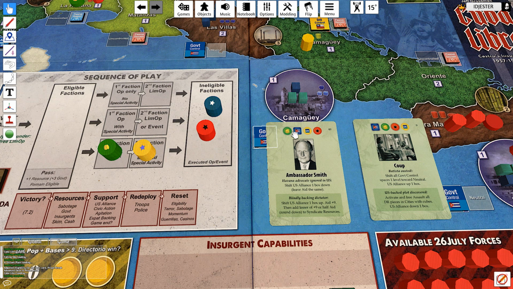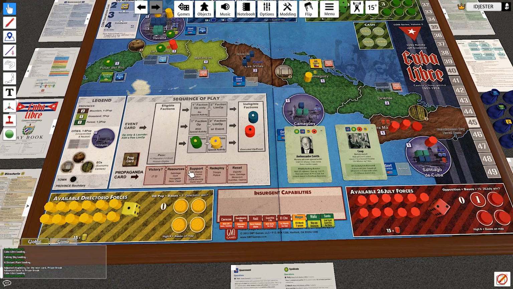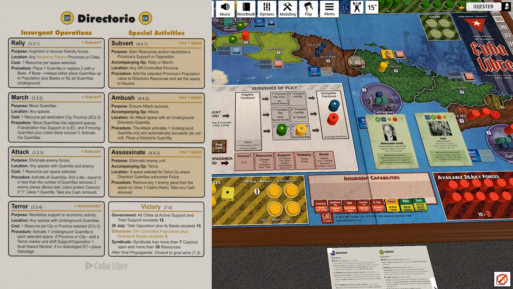So the cards and the events and the faction matrix and the sequence of play matrix kind of all work together with your factions, special operations, and special activities.